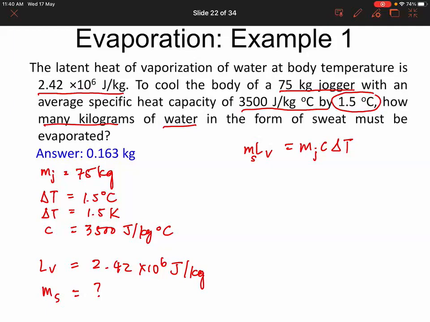And we're after how much sweat is evaporated. And we have everything we need. So it's now just a matter of substituting the values.